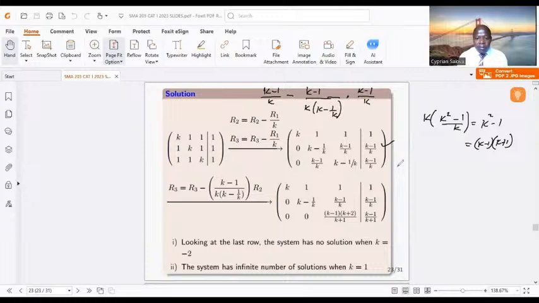So then what we have is k minus 1 out of k minus k minus 1 multiplied by k minus 1 out of k, and this is out of k minus 1, k plus 1. You can see that this can cancel. If it cancels, you're left with k minus 1 out of k.